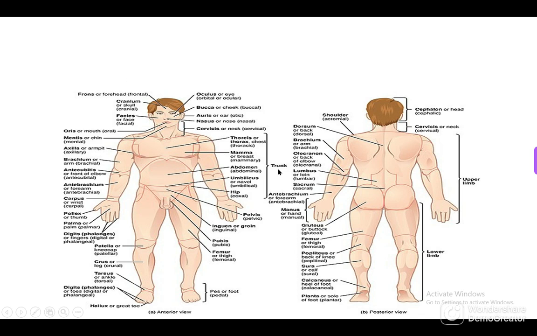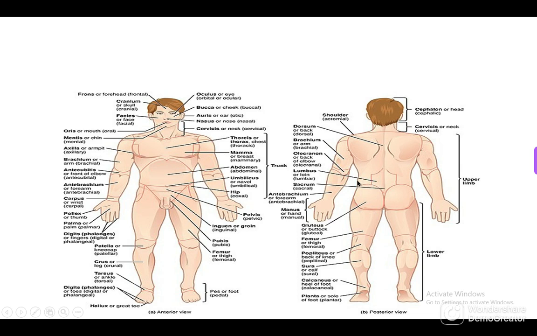Now this is all which is explained here. As far as the thorax is concerned, this is the abdomen, this is the sternum, genitalia which is visible, this is the perineal part. Then the distance between the two lower limbs, the side, and the back, the shoulder blades, the interscapular areas.